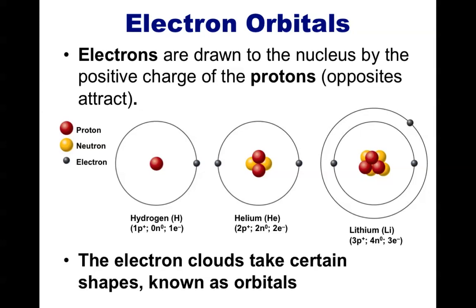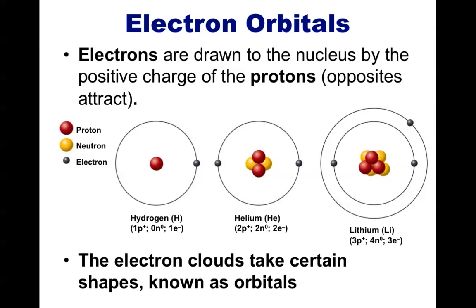An atom with two protons, like the element helium, has the ability to attract two electrons, which are shown in orbit as gray spheres. The electrons are attracted to the positively charged protons in the center of the atom, and they try and get as close to the center as possible. However, there's only so much room available, so the more electrons there are, the further out some of them must orbit.